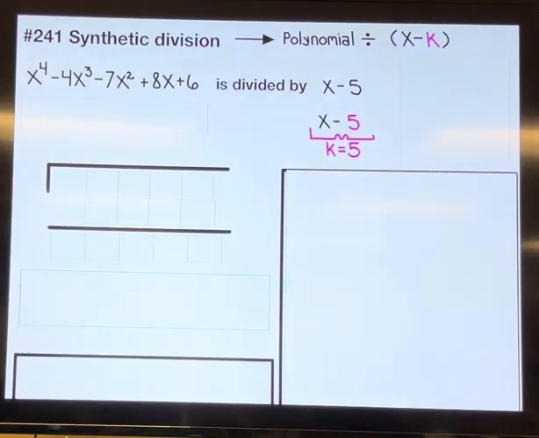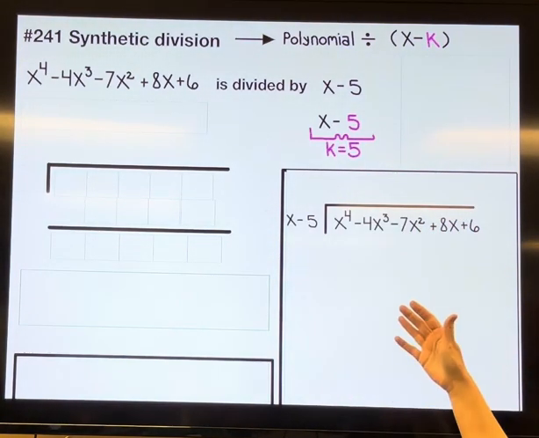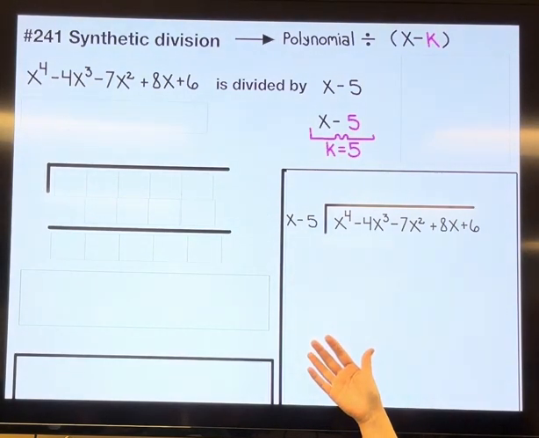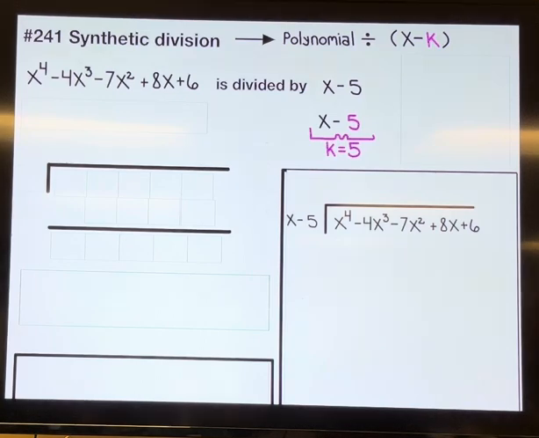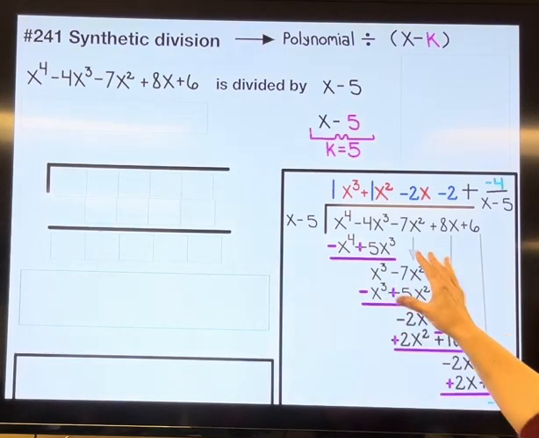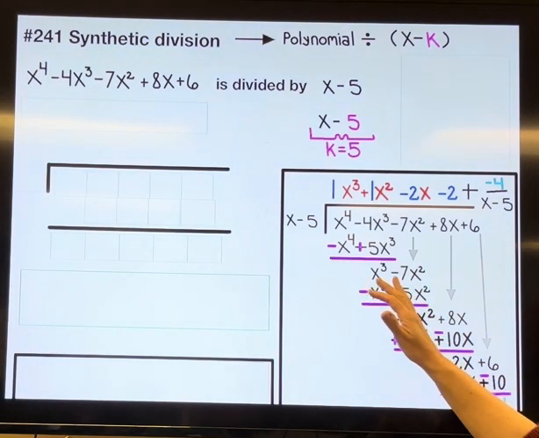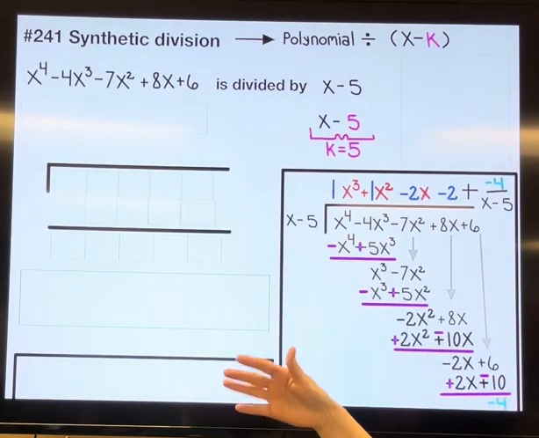Now I went ahead and put off to the side how you would have done this in the past. We would have set it up with long division, and we have all this work here to be done. But the reason I wanted the long division set up is to help you realize what the degrees on our answer are.